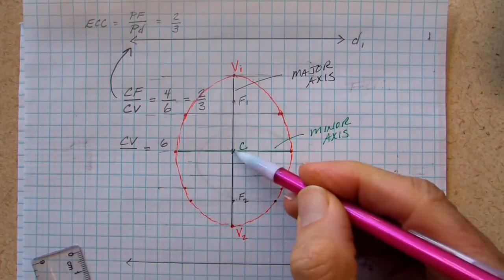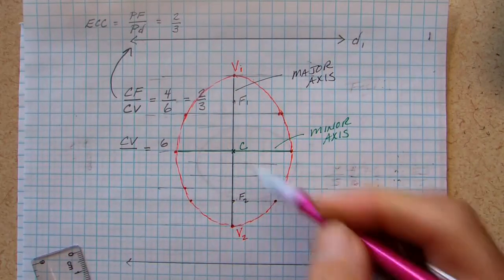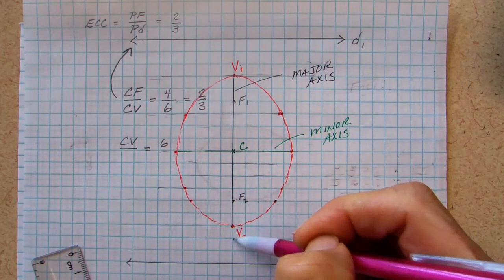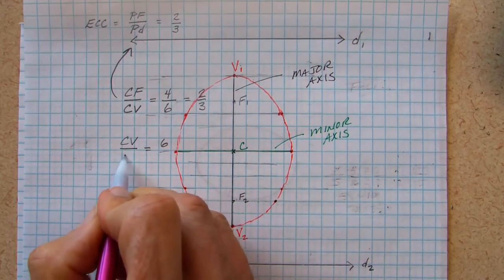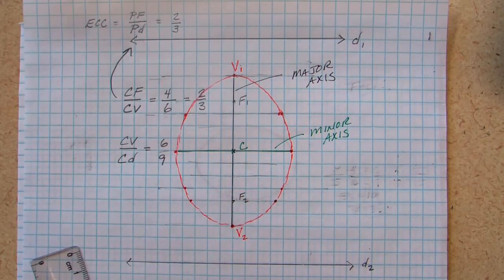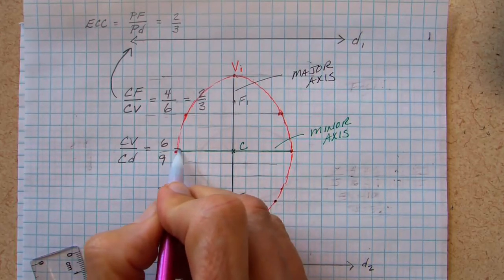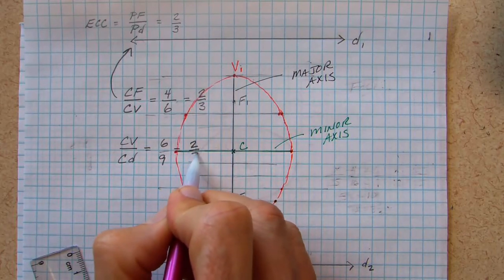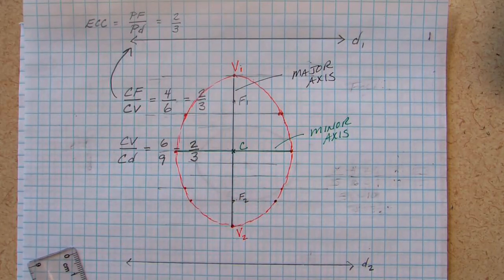And then if you go from the center to the directrix, that would be 6, 7, 8, 9. So center to the directrix. And if you reduce 6 over 9, that reduces to a 2 to 3 ratio as well.